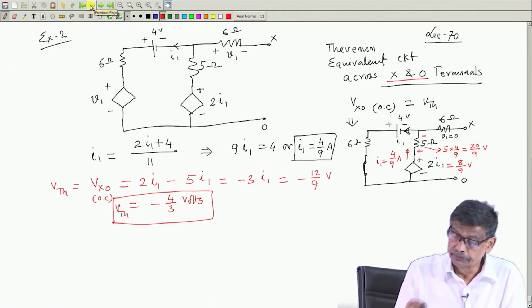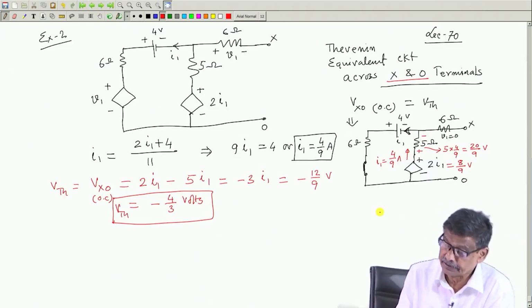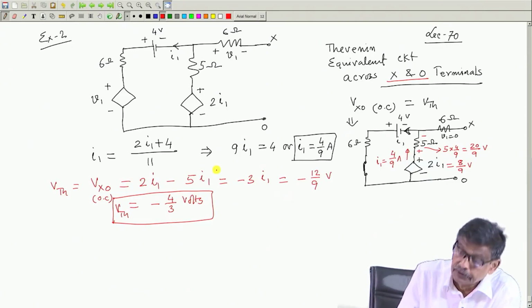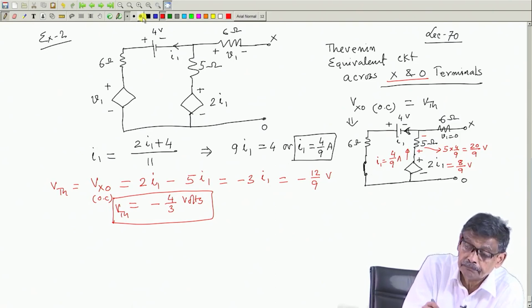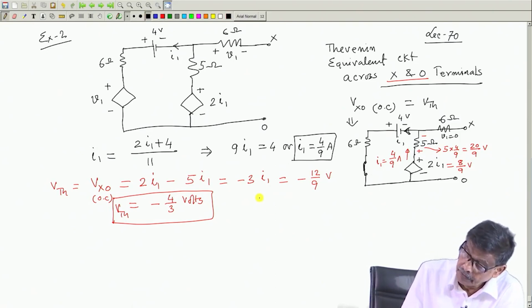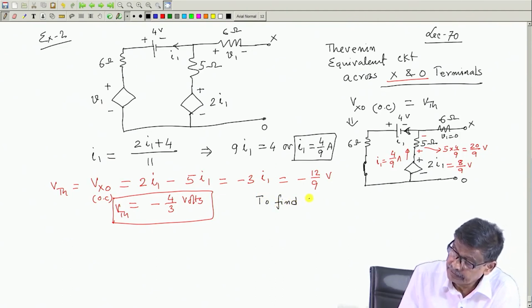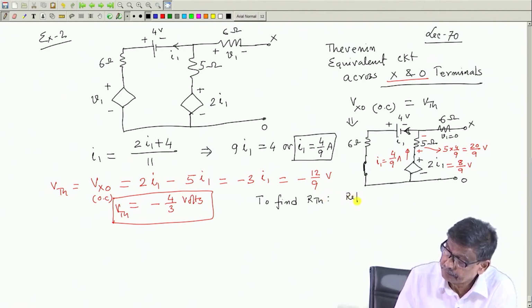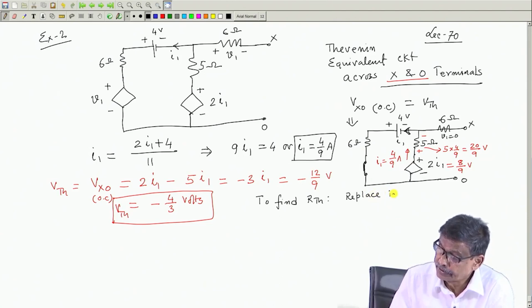Let me draw here, enough space is there. So, to find R Thevenin's, replace independent sources.